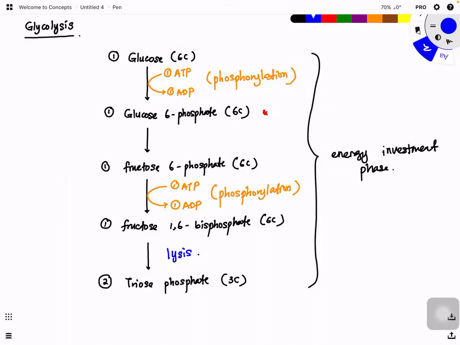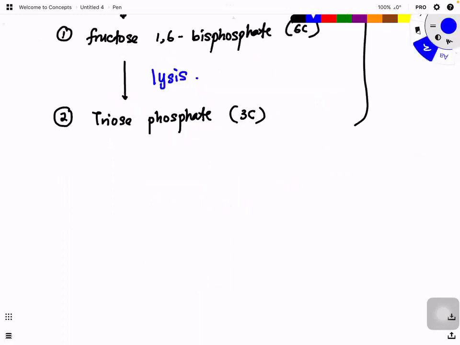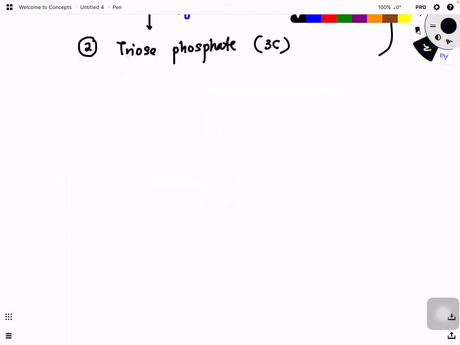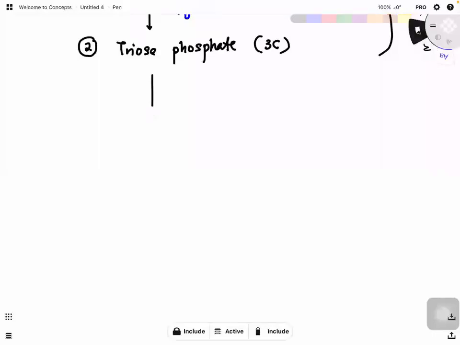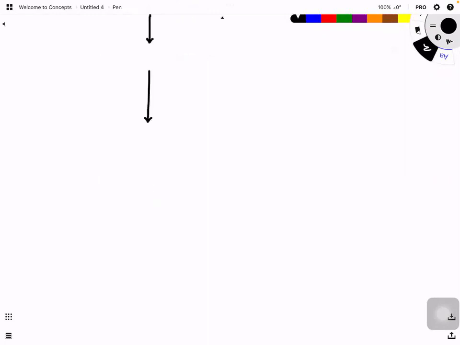So now we have spent the ATP already, we want to gain back ATP. So how do we gain back ATP? This triose phosphate will undergo a series of reactions. This series of reactions is termed oxidation to become pyruvate.